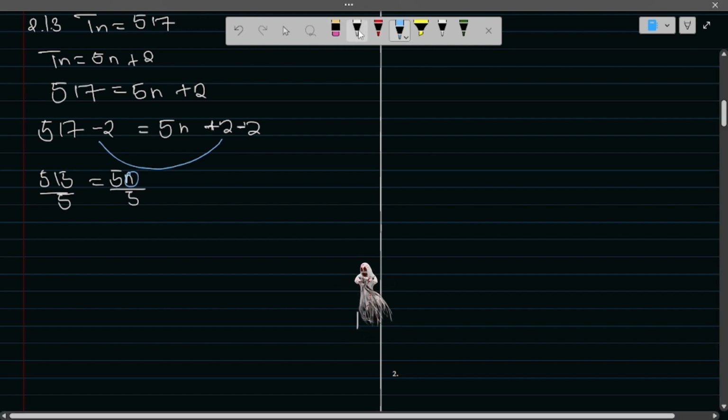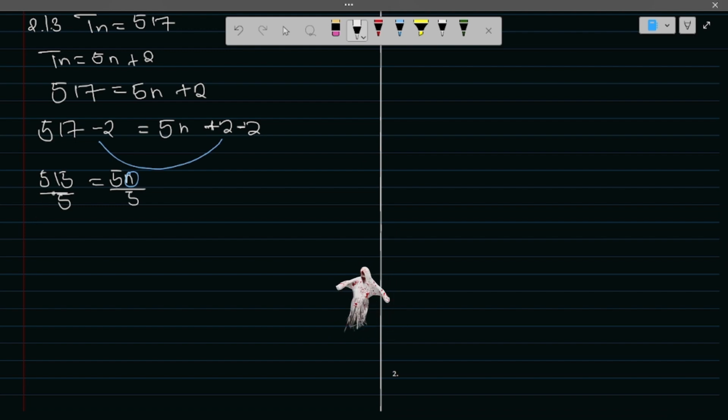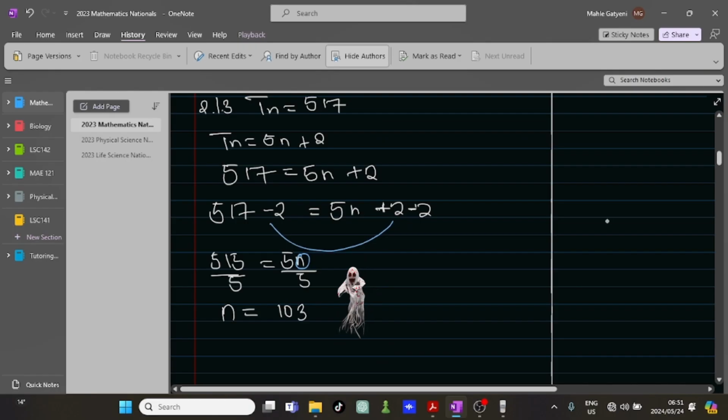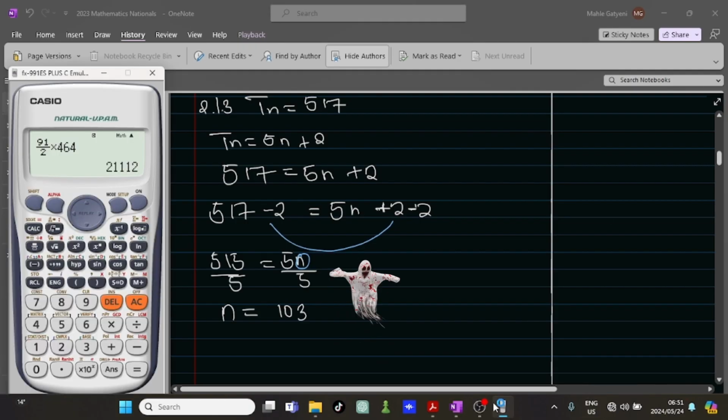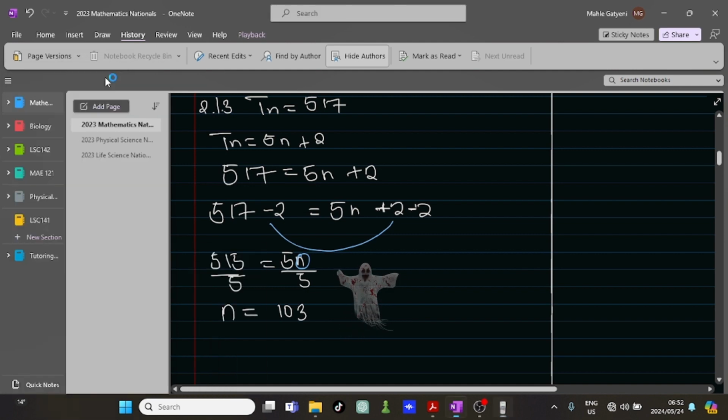So n is going to be equal to 103. Let's verify that: 515 divided by 5 is 103, so our answer is correct.